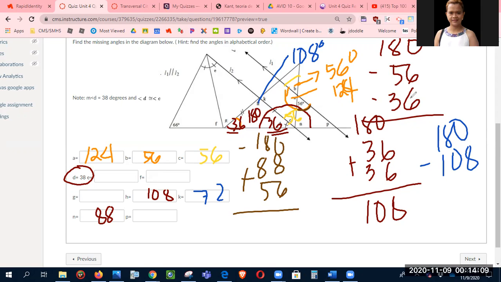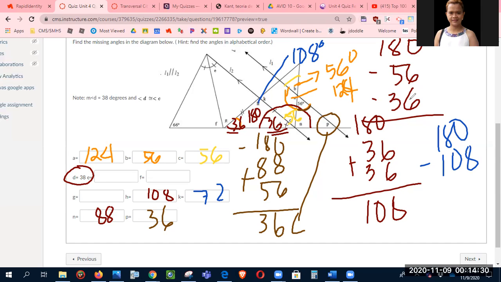So 180 minus 88 minus 56 would be 36. So P here is 36. Why does it become 36? Because the interior of a triangle is 180.